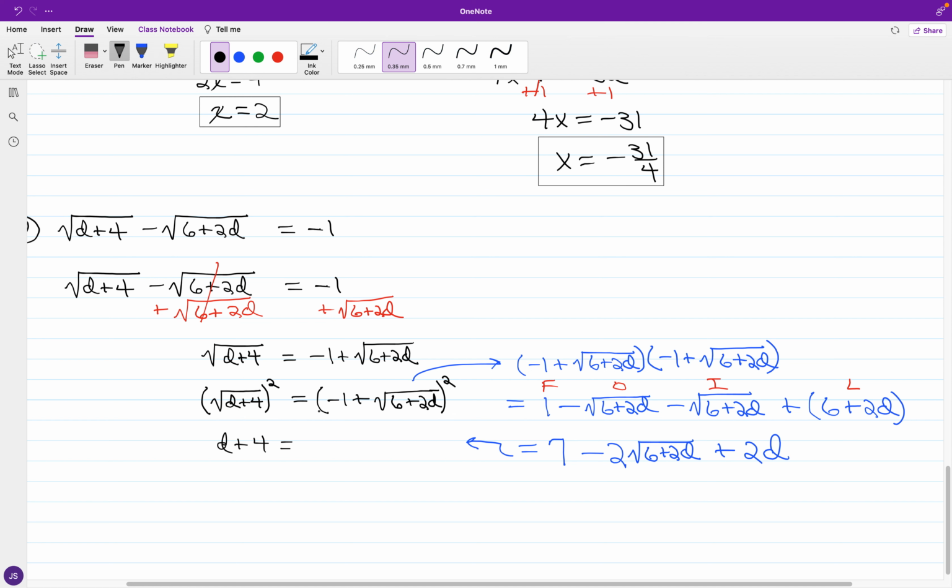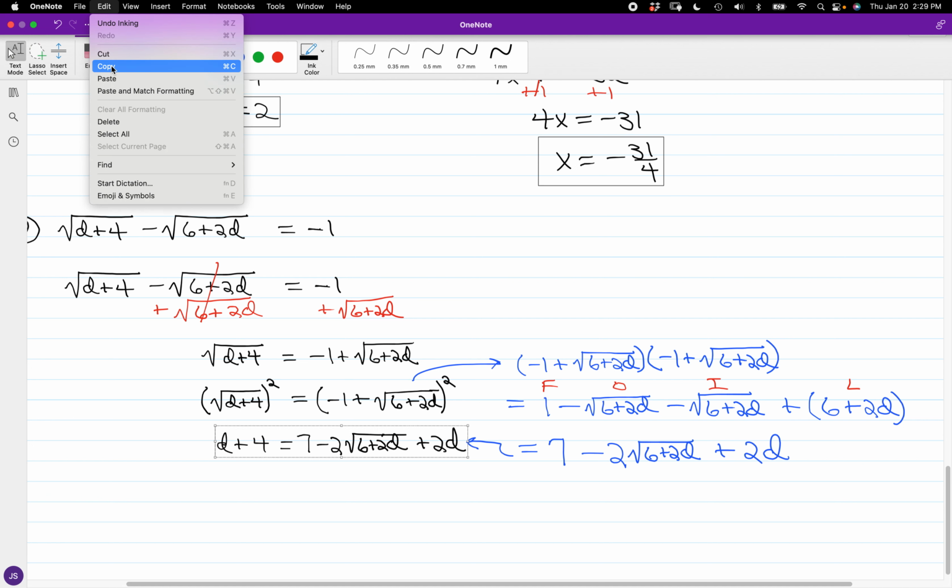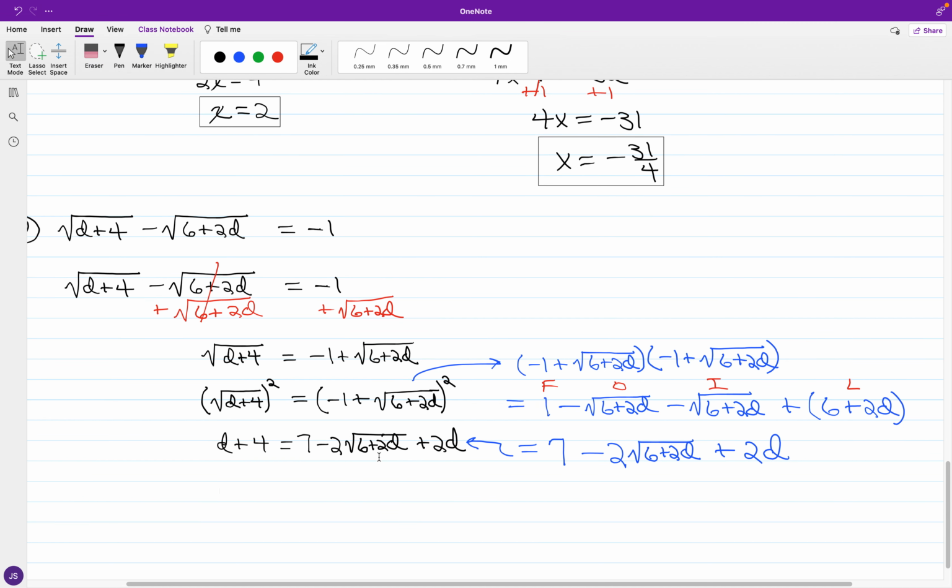And so going back to our equation, if you notice, it took care of the square root containing d plus 4 after squaring both sides, but I still have remnants of the square root of 6 plus 2d.